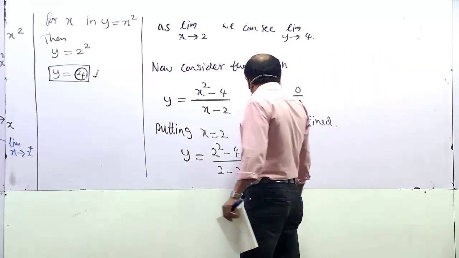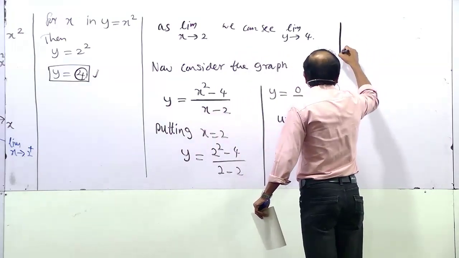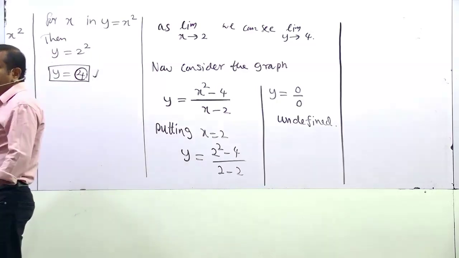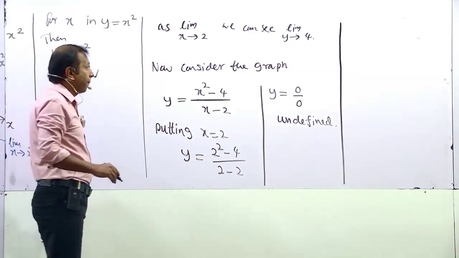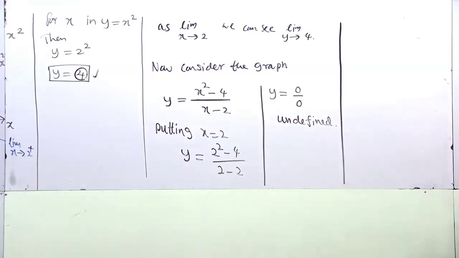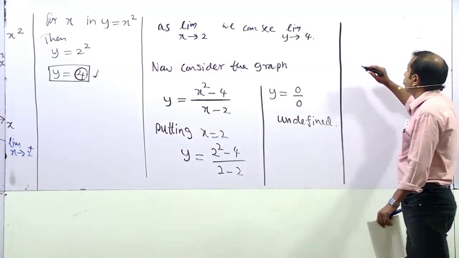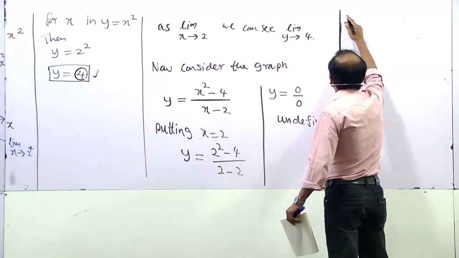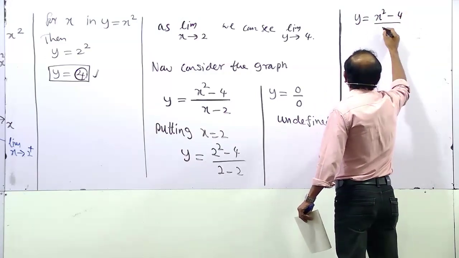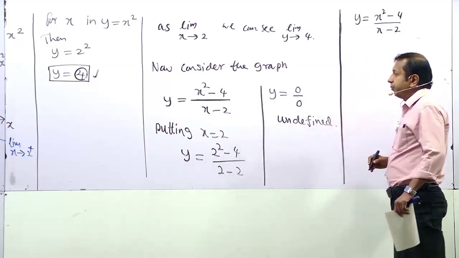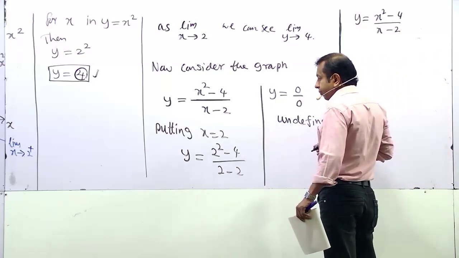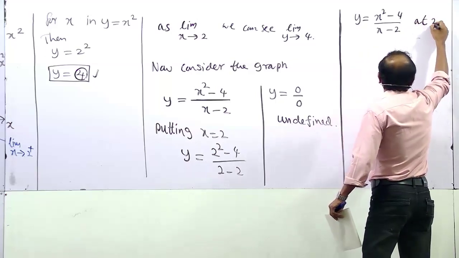Okay, right. Now let's use a limit technique to find the possible y value of the graph y equals x squared minus 4 divided by x minus 2 at x equals 2.